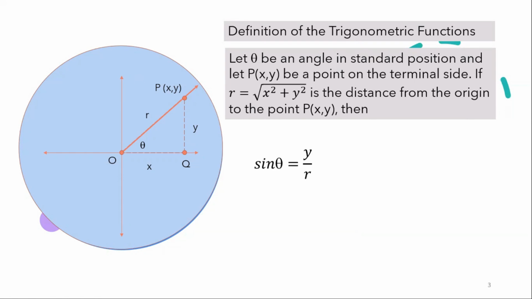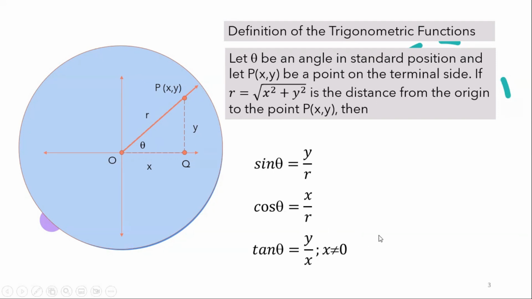Sine theta is y over r, meaning the opposite side of the angle over the hypotenuse. Cosine theta is x over r, the adjacent side of the angle theta over the hypotenuse r. And tangent theta is equal to y over x, the opposite side over the adjacent side.